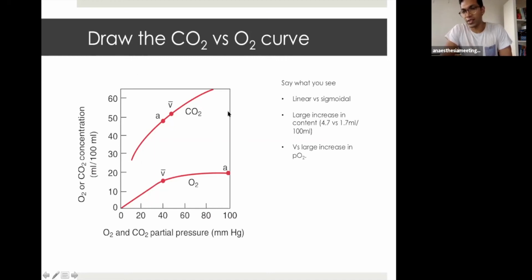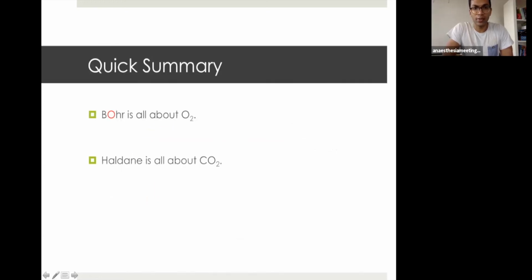If you're lucky enough to get this question again, because chances are it will come up in some future exam: linear versus sigmoidal, large increase in content of CO2 versus oxygen, and then a large increase in PO2. In summary, Bohr is all about oxygen, Haldane is all about CO2.